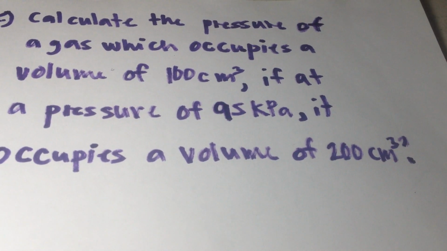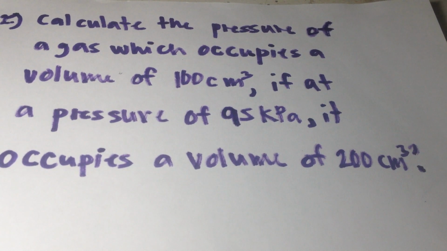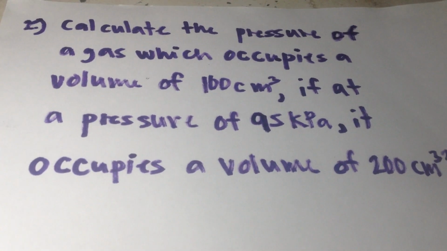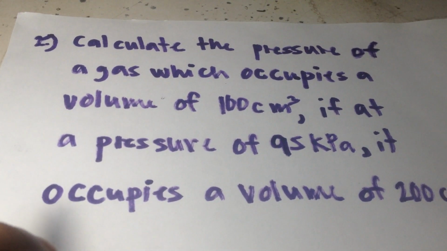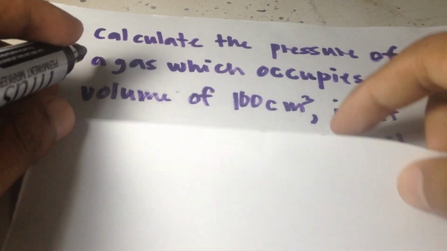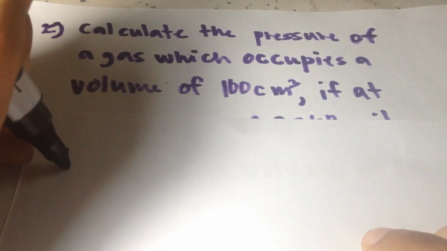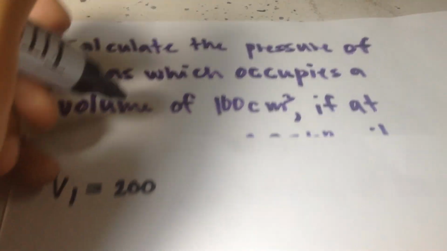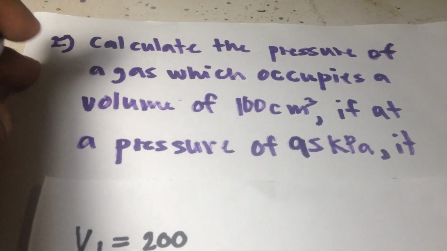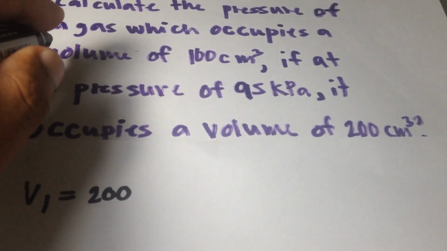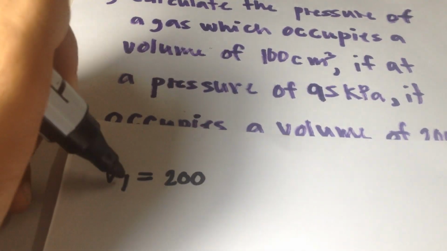So we need to solve for pressure 1, the initial pressure. So the givens: volume 2 is 200 cubic centimeters. Sorry, it's volume 2.